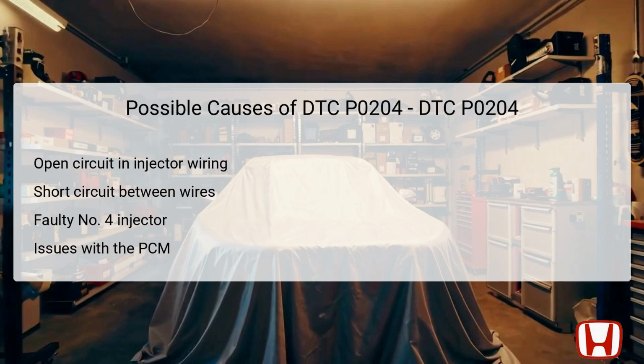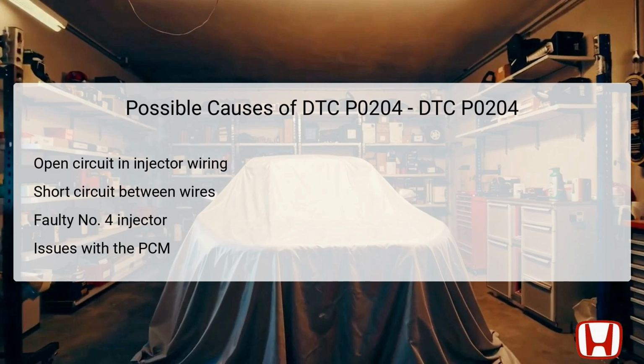Several possible causes can lead to the DTC P0204. Firstly, an open circuit in the injector wiring could prevent electrical signals from reaching the number 4-cylinder injector. This disconnection can result from damaged wires or connectors. Secondly, a short circuit may occur between the injector wires and power sources, leading to undesired voltage surges.